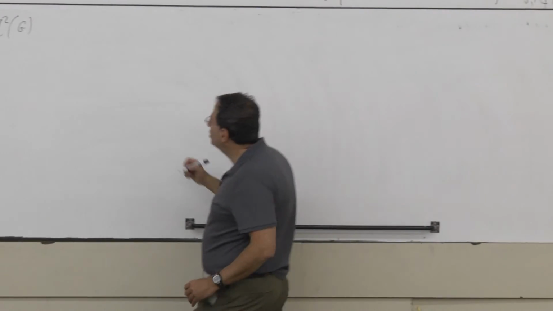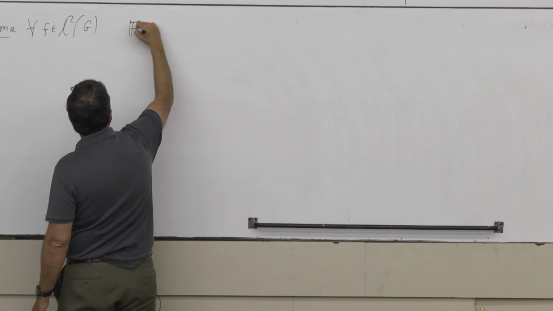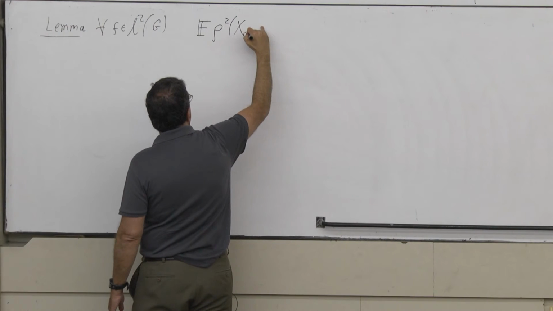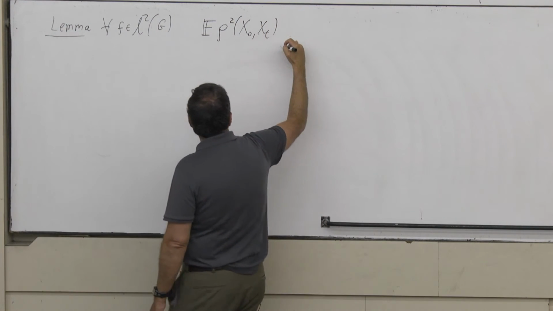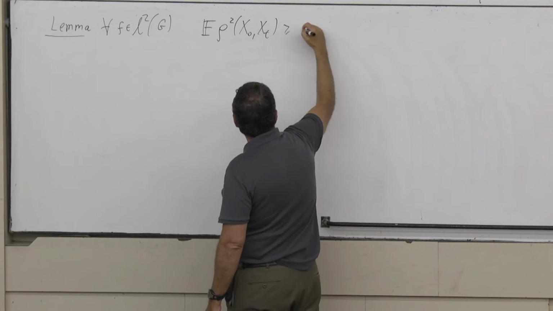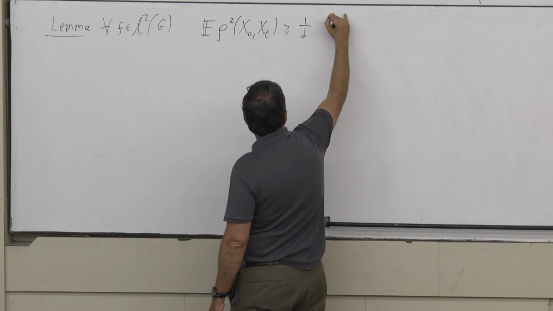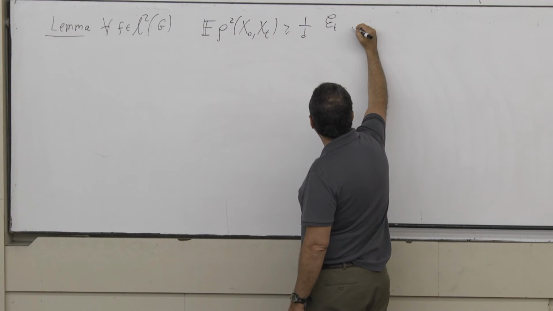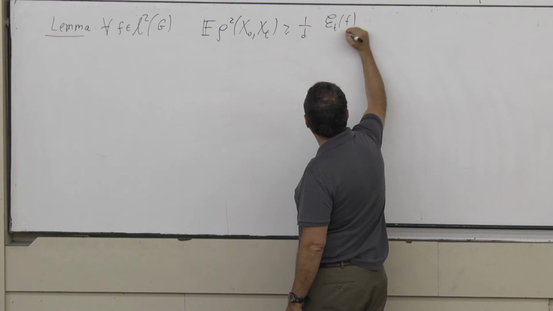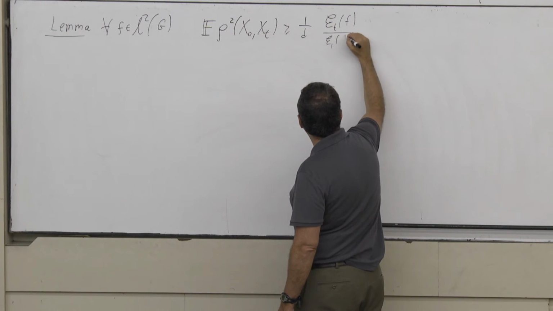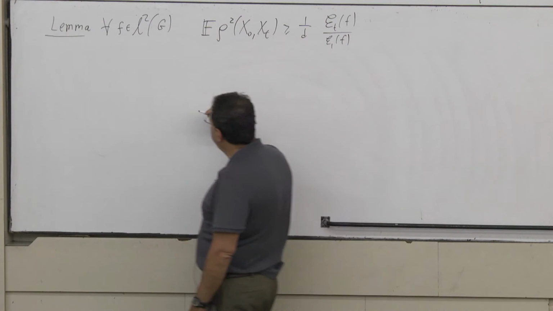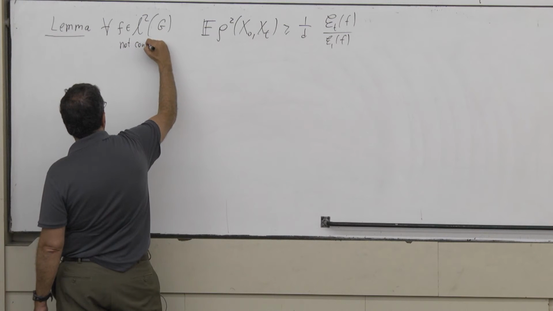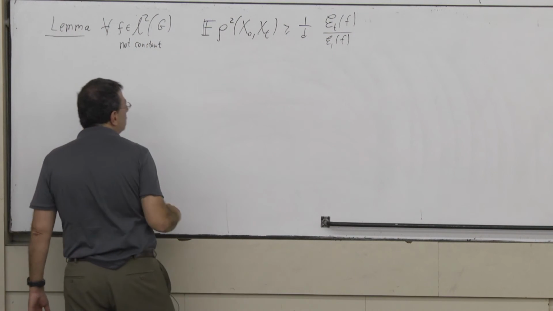And for any function like that, the claim is that the expected distance squared between x0 and xt is at least 1 over d times the Dirichlet form Et of f over E1 of f. So let's take f which is not a constant function.